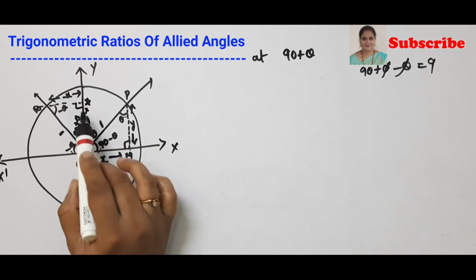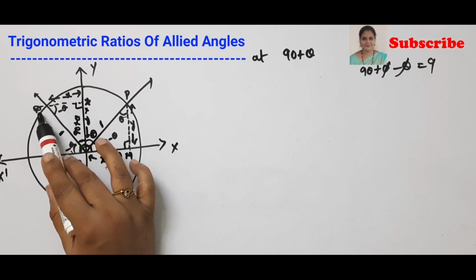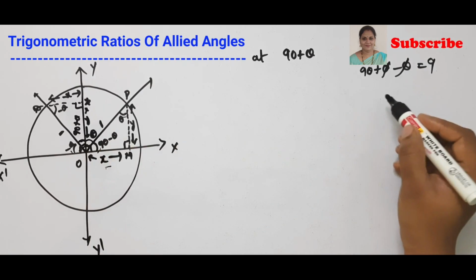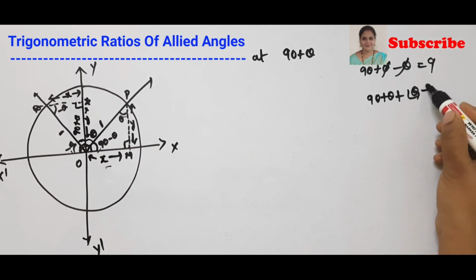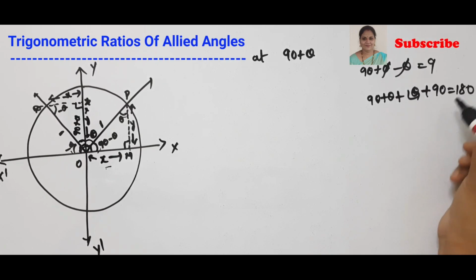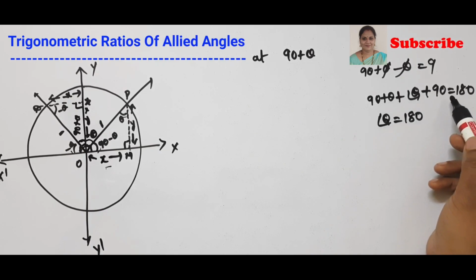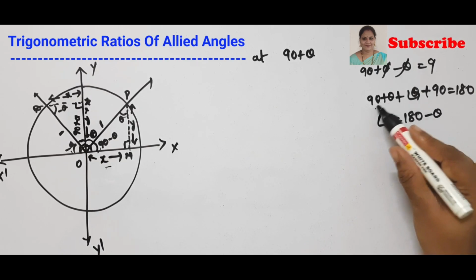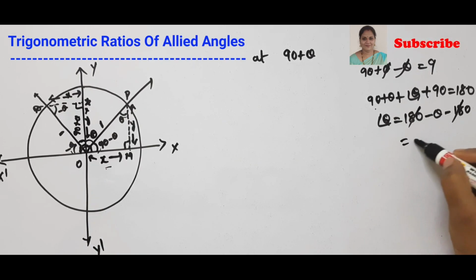Okay. So we got three angles of the triangle. If not, you can also use properties of triangle as we did before to calculate the angle at Q. That is 90 plus theta plus angle Q plus 90 equal to 180. So angle Q is equal to 180 minus 90 minus 90 minus theta. 90 plus 90 is nothing but 180, so this cancels, and we will get minus theta.